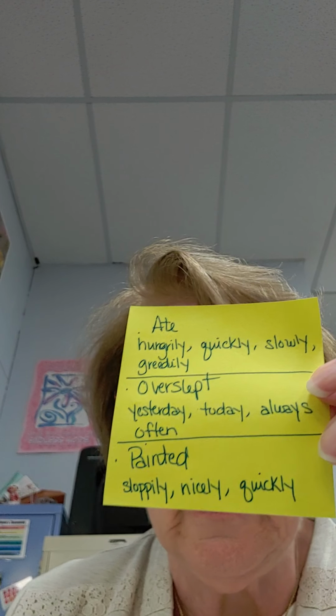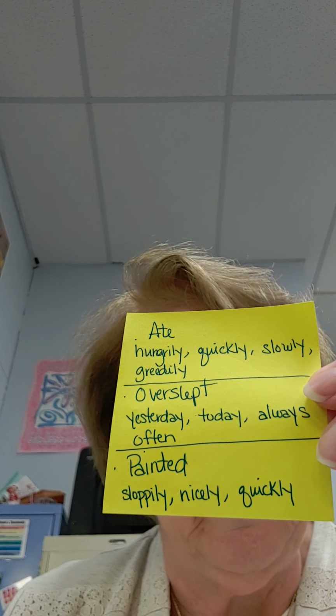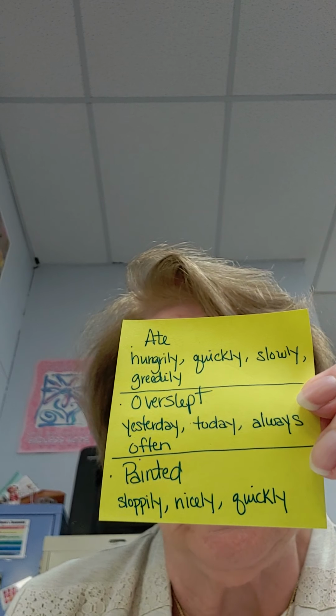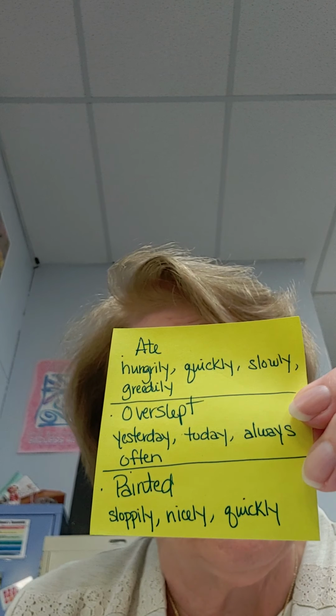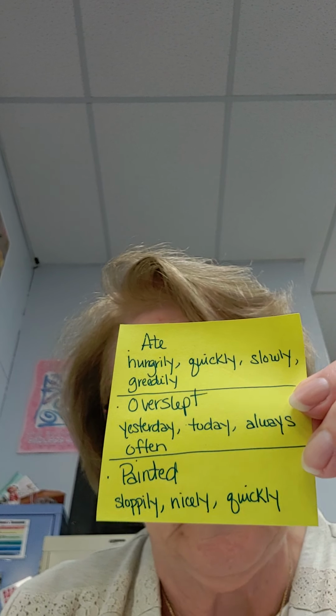Same with painted. Painted is your verb, and then I added adverbs to modify it, like Dad painted sloppily, or Dad painted quickly, or Dad painted nicely. So you're adding adverbs to modify the verb. That's pretty much what adverbs modifying verbs are and what they do.